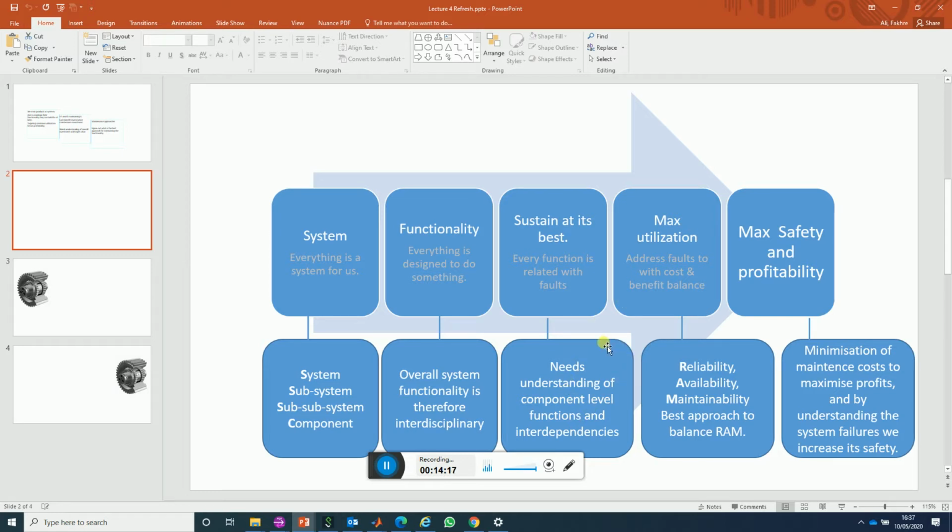And only then can we start to formulate an approach which enables us to address these fault modes, so we maintain the functionality and therefore we are able to maintain maximum availability of the system, so therefore we can use it as much.